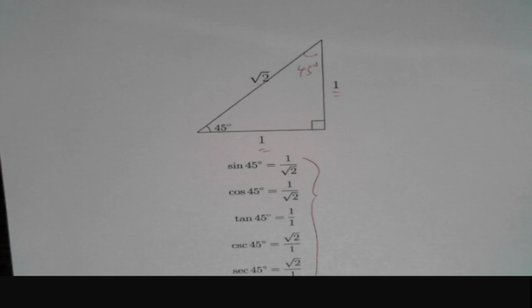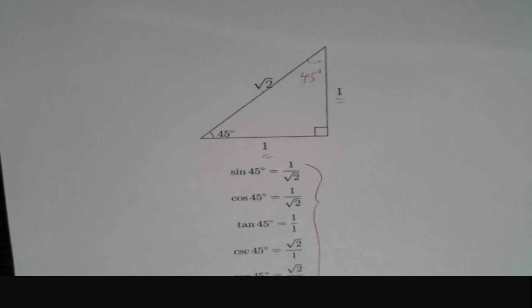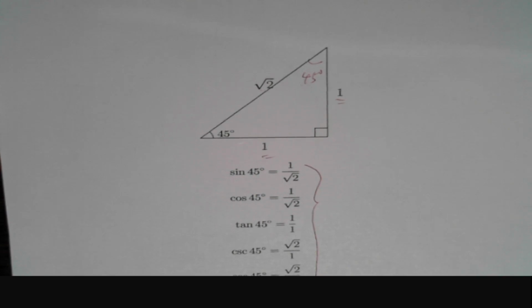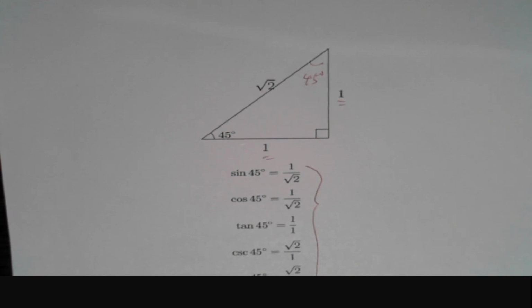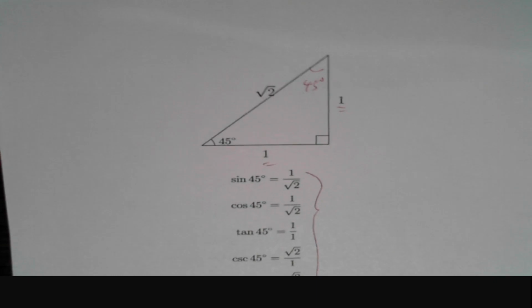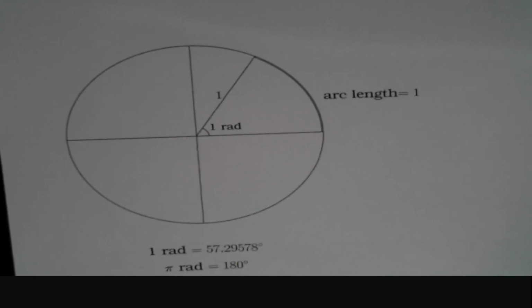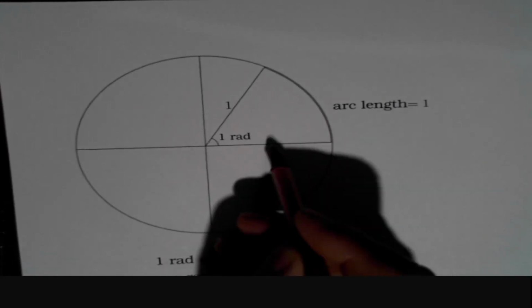After we understand these two triangles, to proceed to the graphing of sine, cosine, and tangent functions, we need to understand the unit circle. A unit circle means a circle where the length of the radius is 1. That's why we call it a unit. Unit means 1.